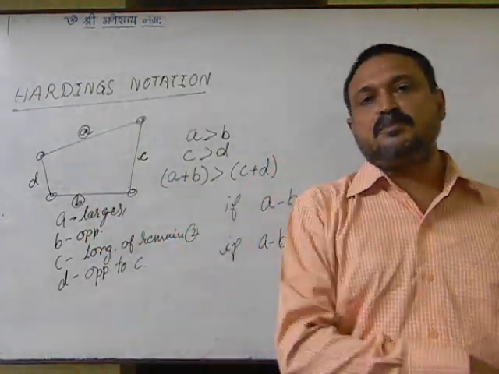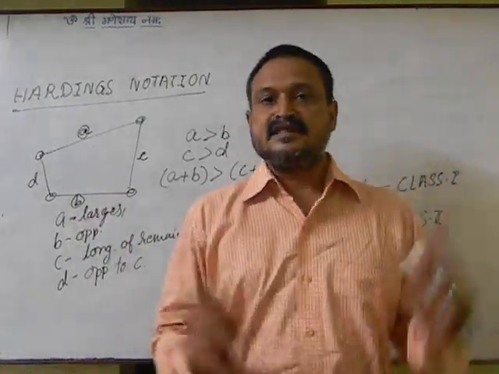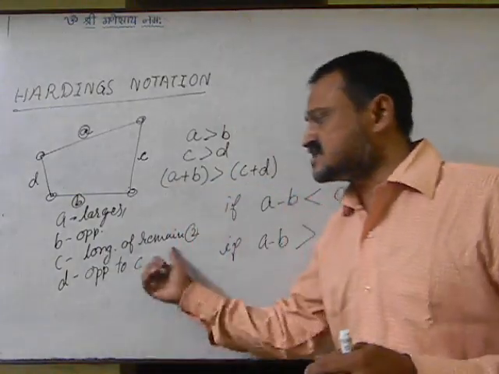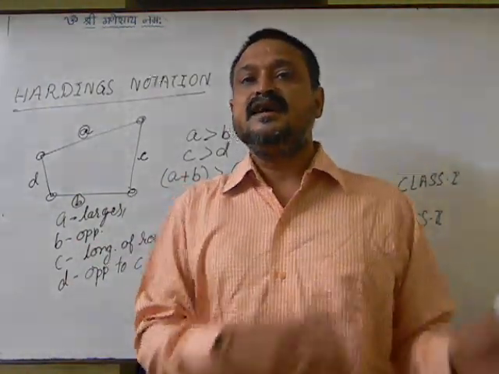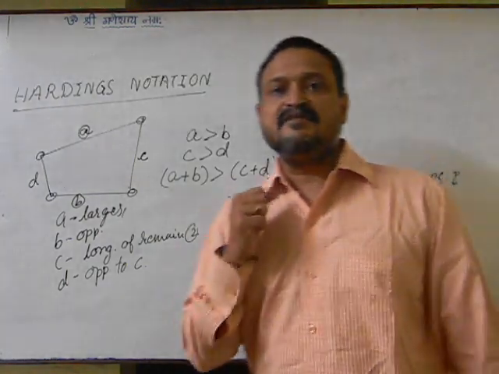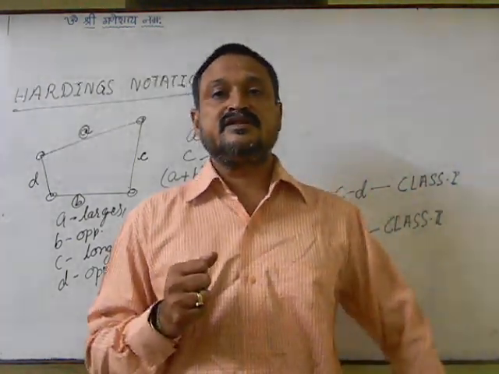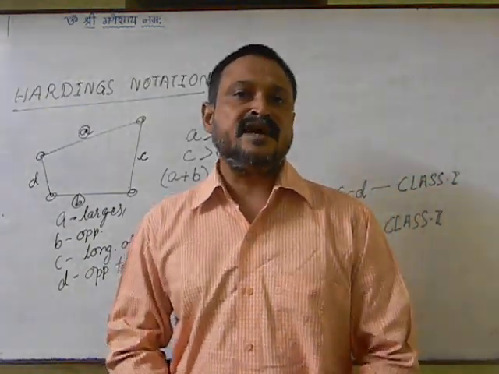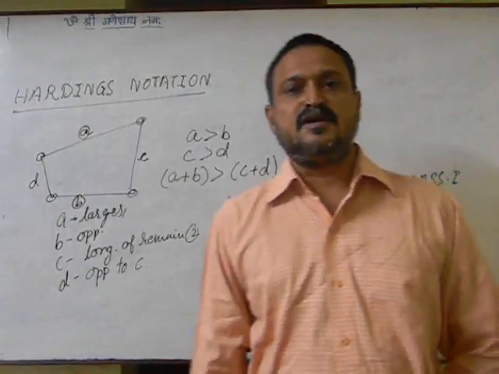Opposite to that I'll take B. Then from the remaining two I'll see which one is the greatest. That will become C, and opposite to C will be D. And when we check for this, we can check whether the chain is a class 1 chain or a class 2 chain. Fine. So that is all for this session.